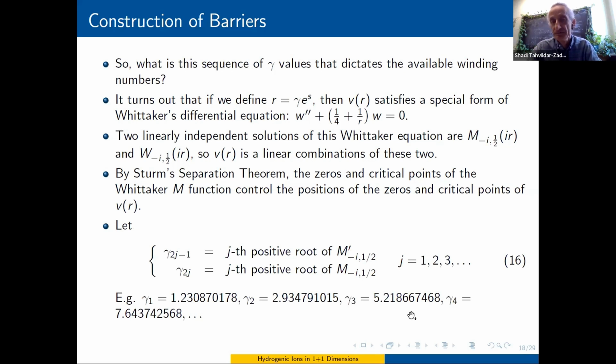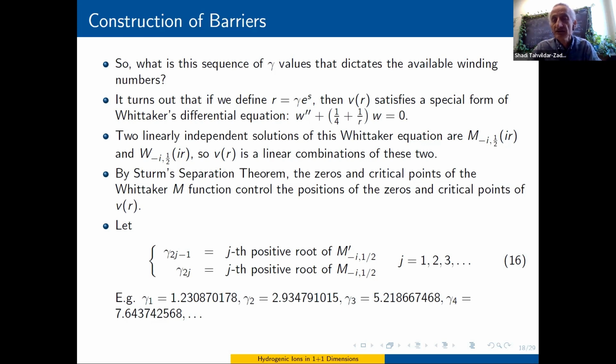These you can compute. We have computed the first four here, right? So the odd ones are roots of the derivative, and the even ones are roots of the function itself. And both are important for our analysis.